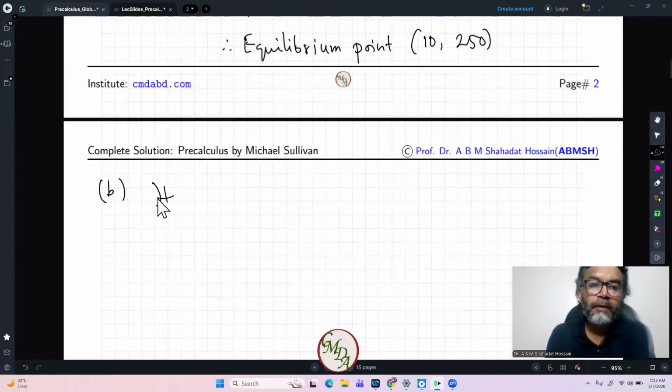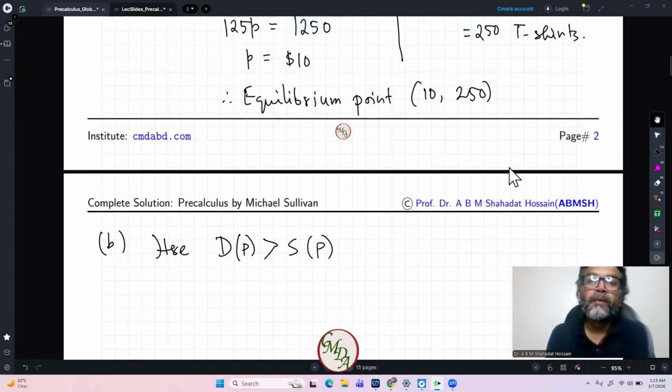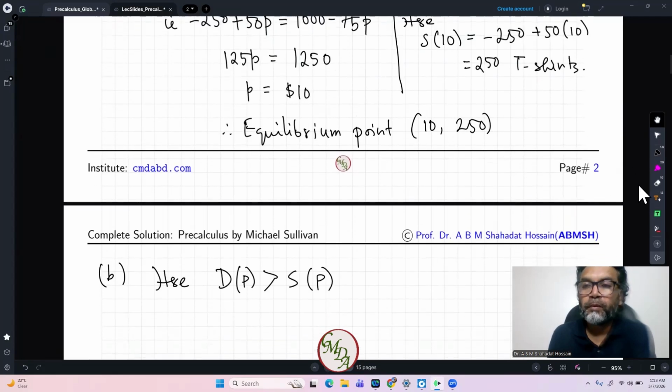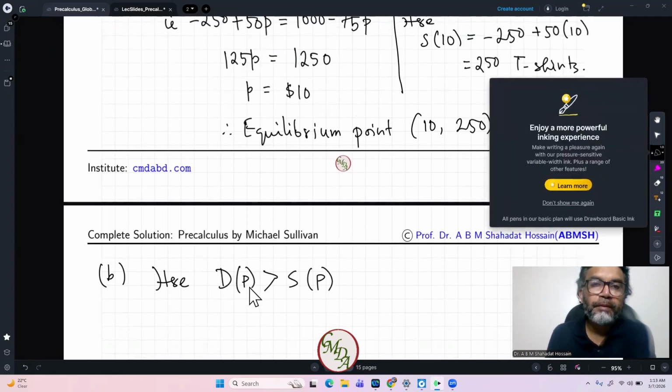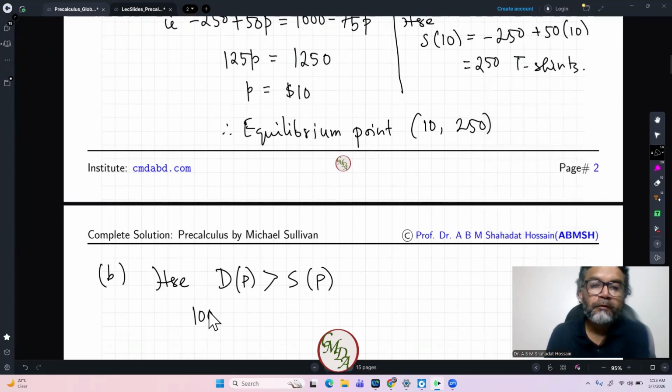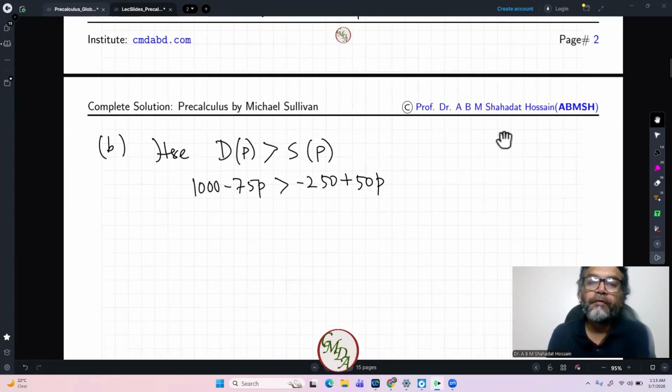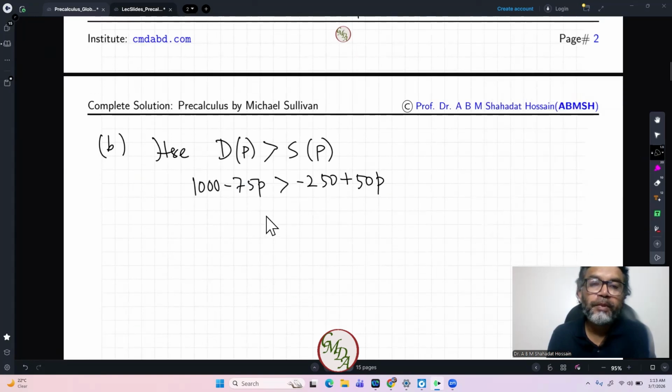So here clearly D of P is greater than S of P. D of P is 1000 minus 75P, greater than minus 250 plus 50P, and we need to solve this inequality for P. এর সমস্যাটা আমরা solve করব P এর জন্য.